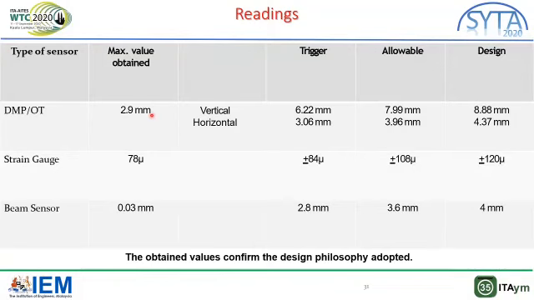The maximum value obtained in DMPs is 2.9 mm. Strain gauge was 78 micron and beam sensor was 0.03 mm. These are the trigger values, these are the allowable values, and these are the design values.